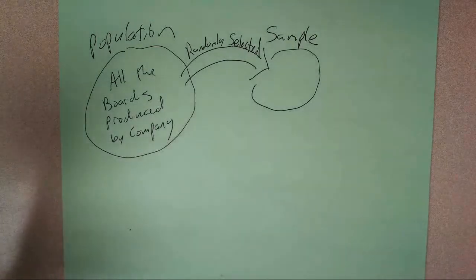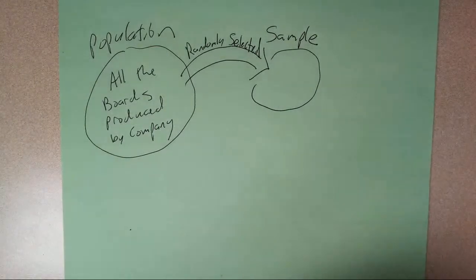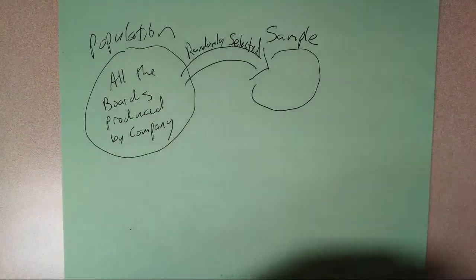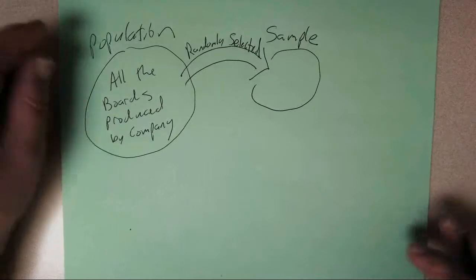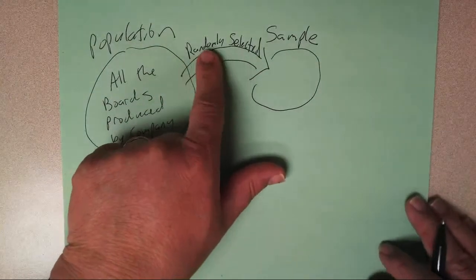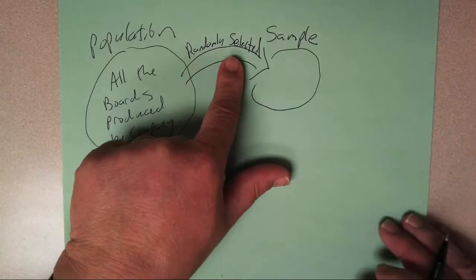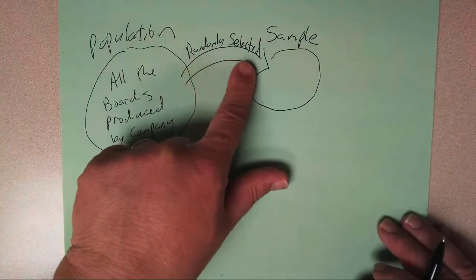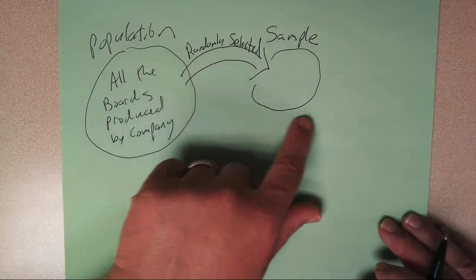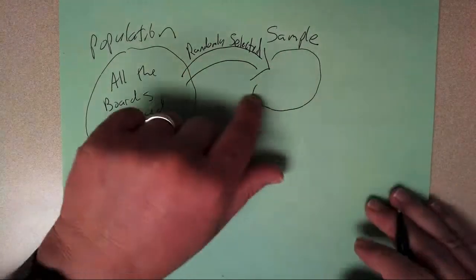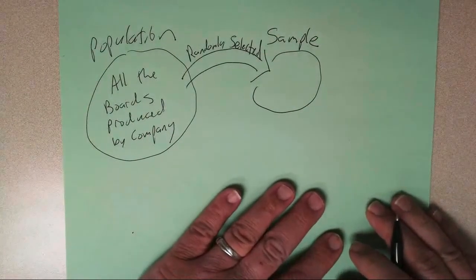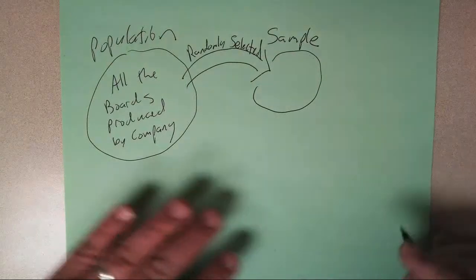What I need is every single board in the warehouse to have the same chance of being in the sample as every other board. That's the idea of randomness. There's no bias. Certain boards aren't more likely to be selected than others. In doing that, that's the best way to ensure that your sample is going to be a good representation of the population.